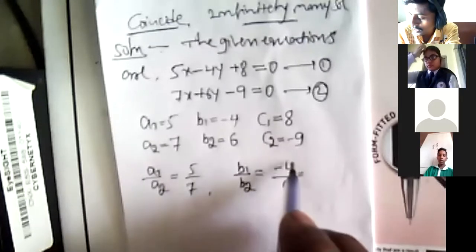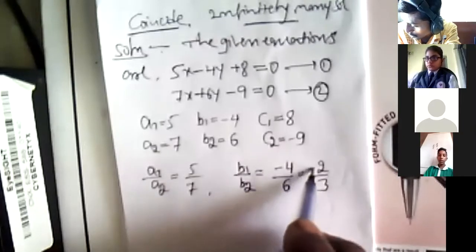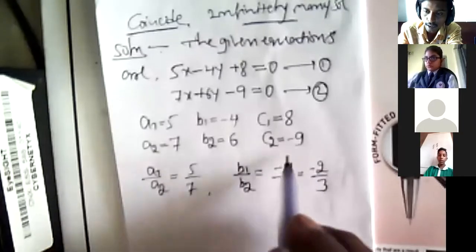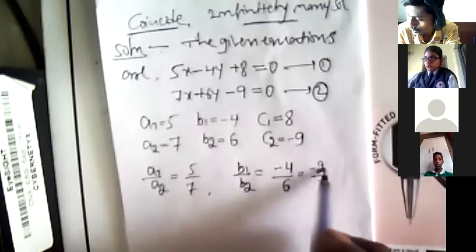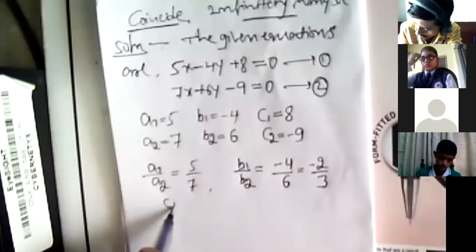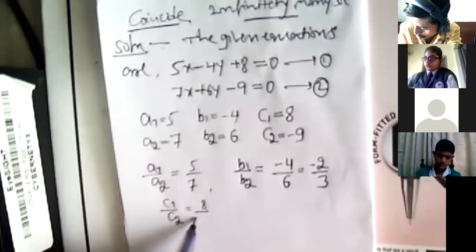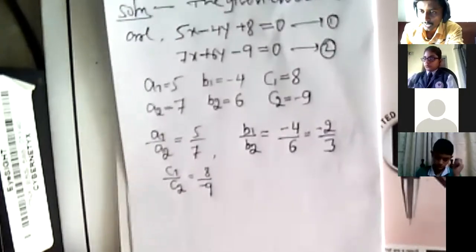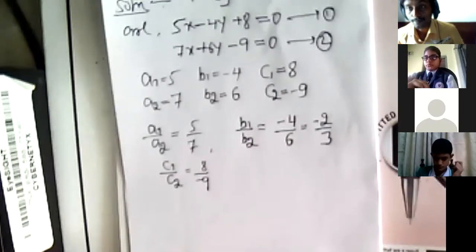After simplification, 2 2s are 4, 2 3s are 6, therefore it is minus 2 by 3. Next, C1 by C2 is equal to 8 by minus 9. You have found A1 by A2, B1 by B2, C1 by C2.